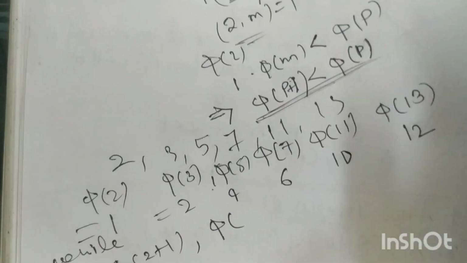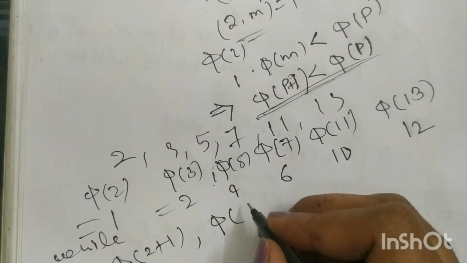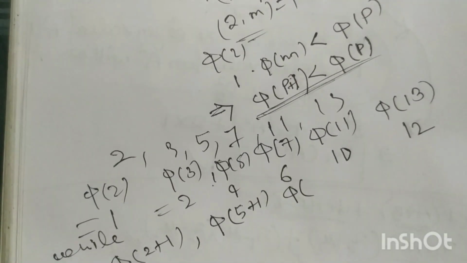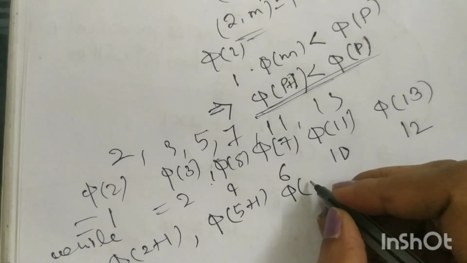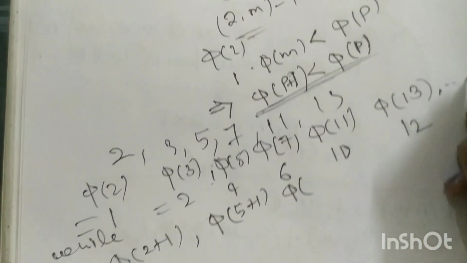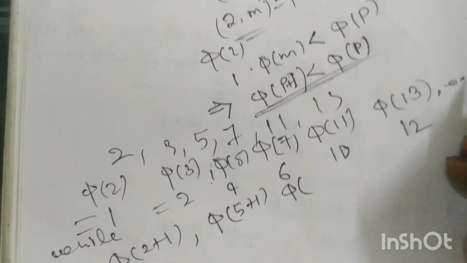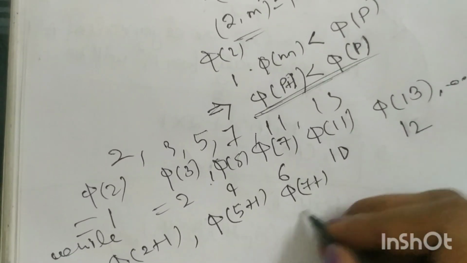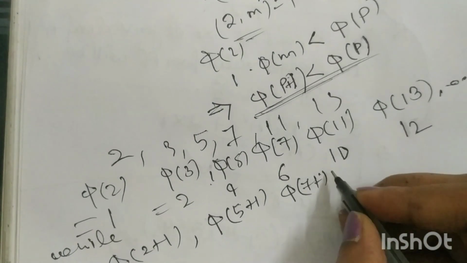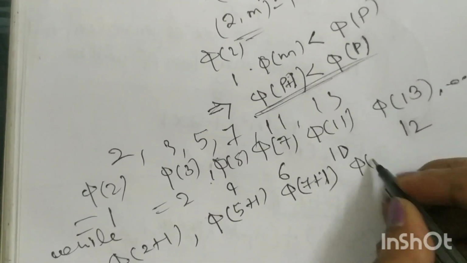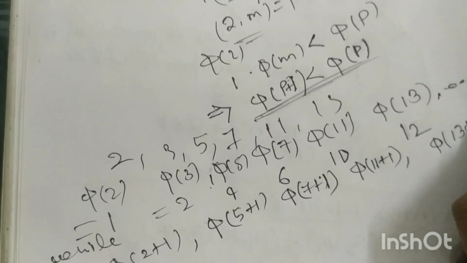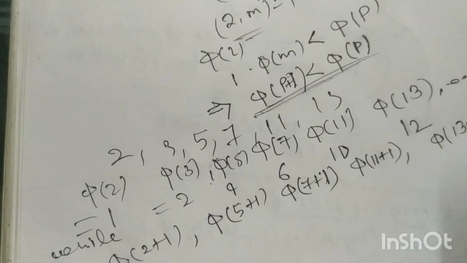So here what will come? 5 plus 1 which is 6, and phi of, and so on, so here infinitely many terms. Then 7 plus 1 which will be 8, and you can see it's simply phi of 12 plus 1 and phi of 13 plus 1 and so on.